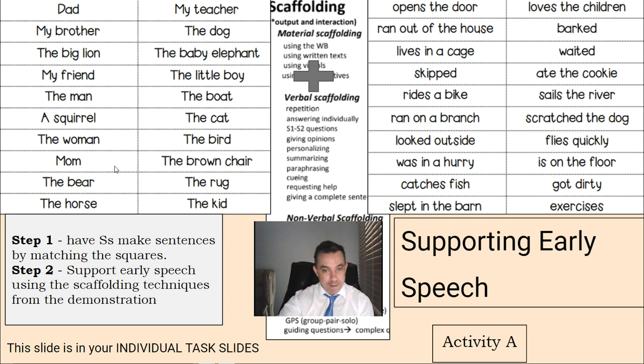They make sentences, and now you're going to get them to say a little more. You're going to use some of the techniques that I did, like asking for a complete sentence, personalizing, responding to meaning. S1, S2, all these things are going to get you more follow-up questions, right? Give an opinion, all these things.